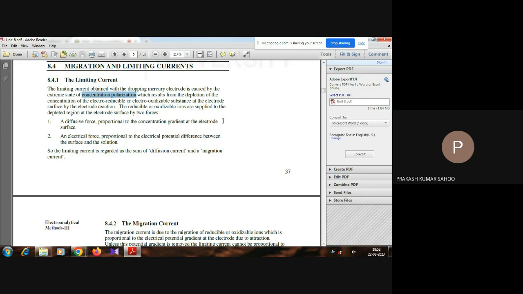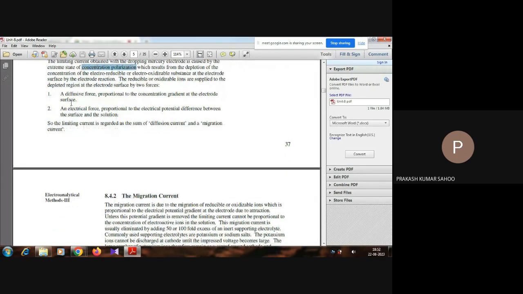When the oxidation or reduction reaction happens, there will be a change in concentration. This change in concentration is treated as concentration polarization. So when the change in concentration happens, the limiting current concept comes in.